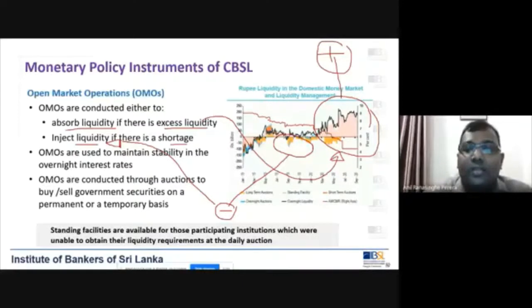So when the central bank is absorbing excess money and injecting deficit money, that is helpful to keep the interest rates without much variation. If the central bank wants to keep interest rates at stable levels, they can use these open market operations. Right? So that is simply a money absorption and injection activity carried out by the central bank.